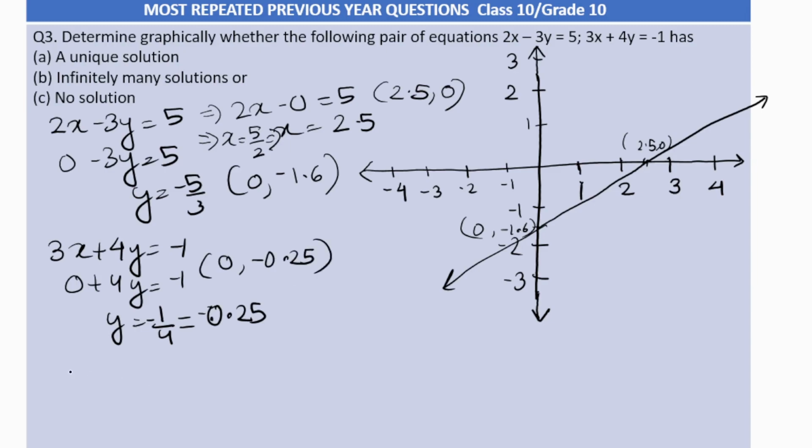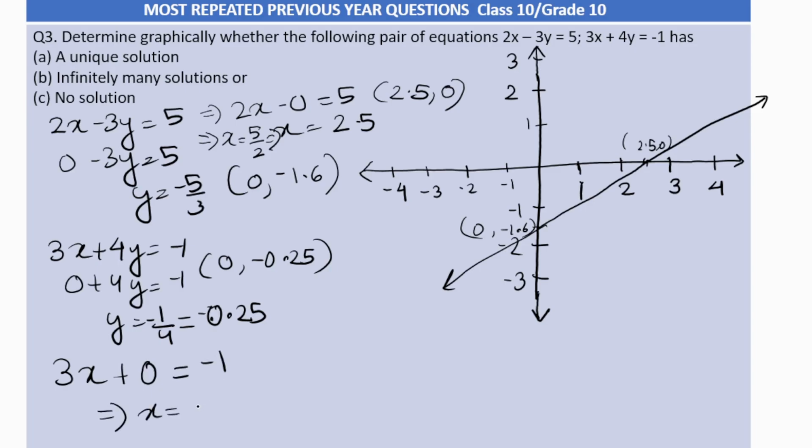And what will be the other point for this line? The other point will be where y is equal to 0. So when y becomes 0, it will become 3x plus 0. I will not skip steps, for kids who do not understand properly. So 3x plus 0 equal to minus 1.